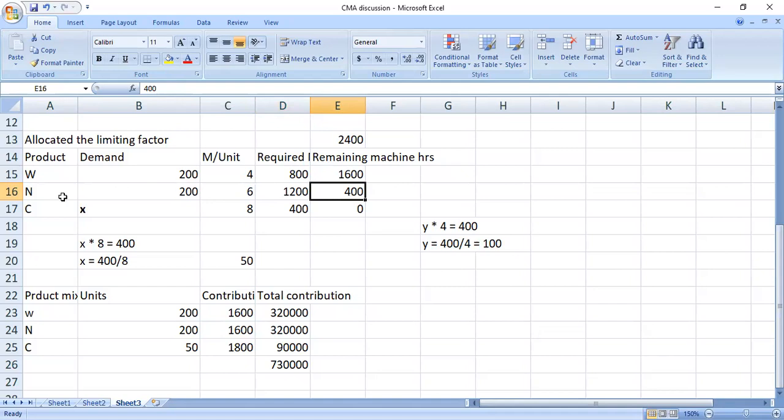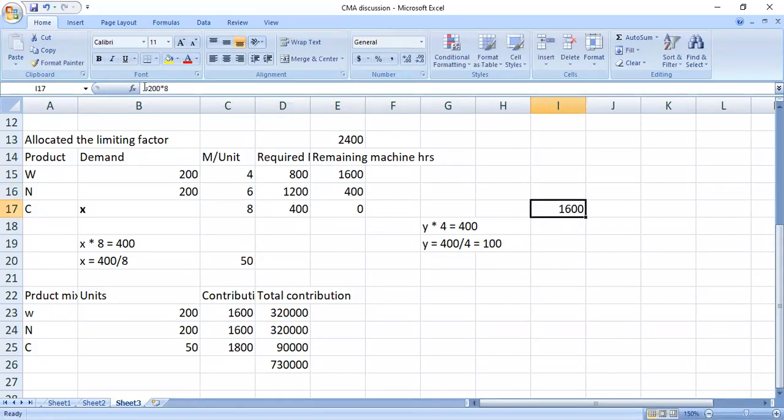Then you go to the next product, C. The demand is actually 200. But for it to produce 200, remember a unit is at 8, so you're going to need 1,600.